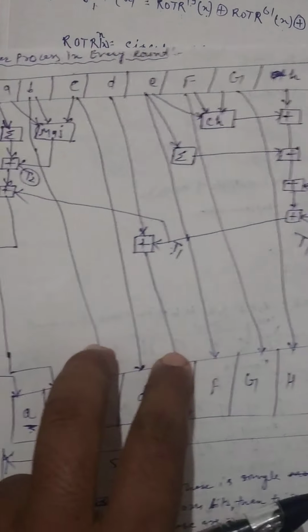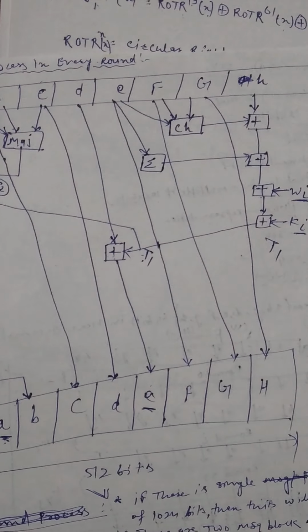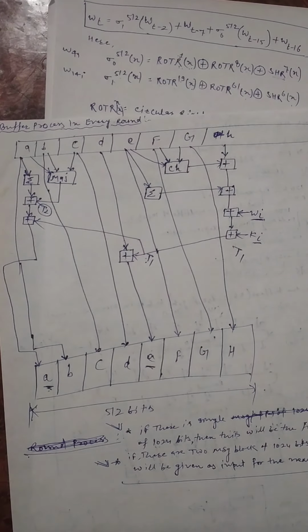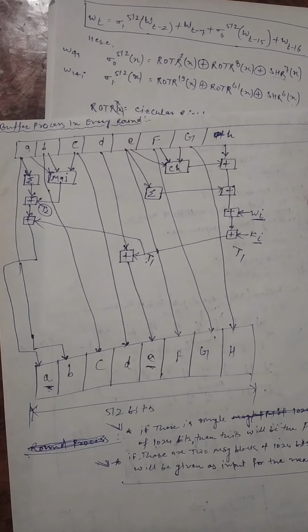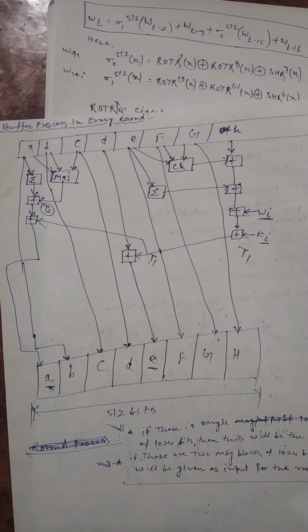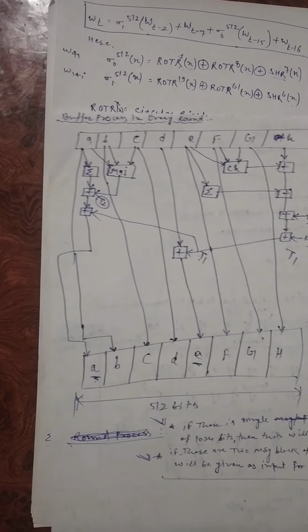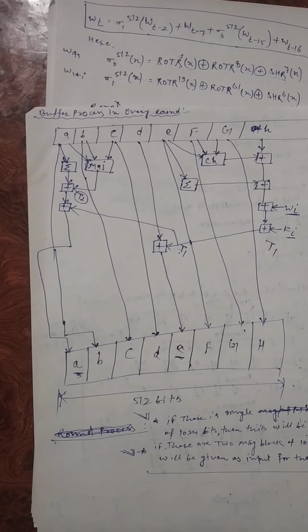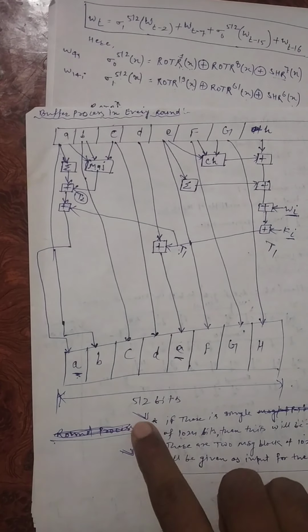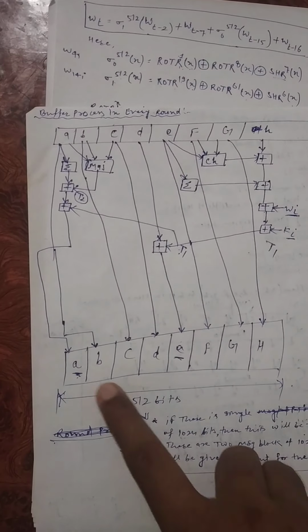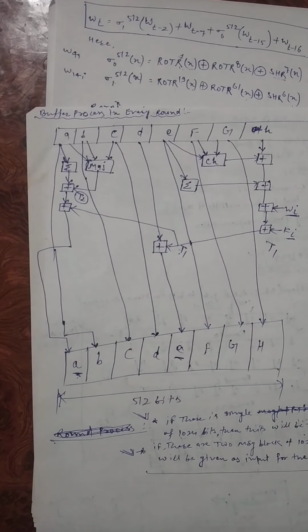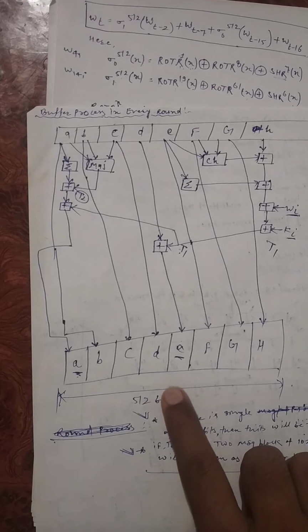Okay, so you can see this process will execute in each and every round, because there are 80 rounds. So now our output will come, 512 bits over here. Now see, if there is a single message block and the size of this one is 1024 bits, then this will be our final hash code.